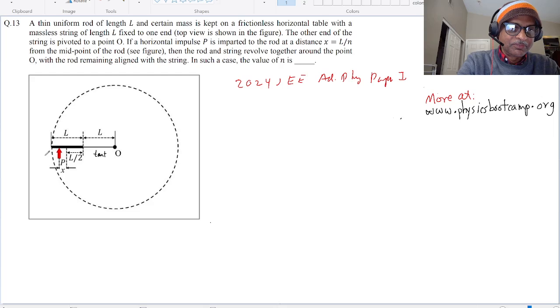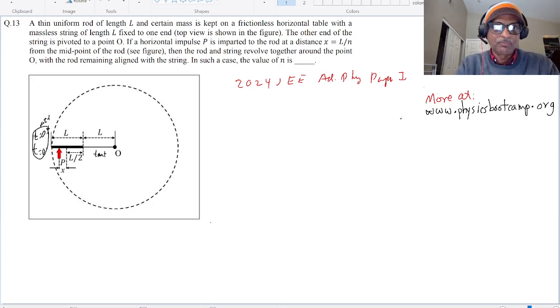So if this is t equal to 0 minus, then t equal to 0 plus, or delta t, is the time for this impulse. The impulse is instantaneous, from 0 minus to 0 plus. What will happen with the impulse?